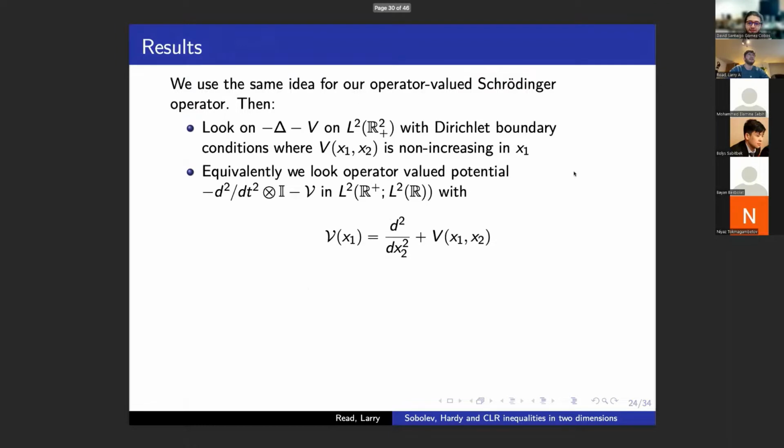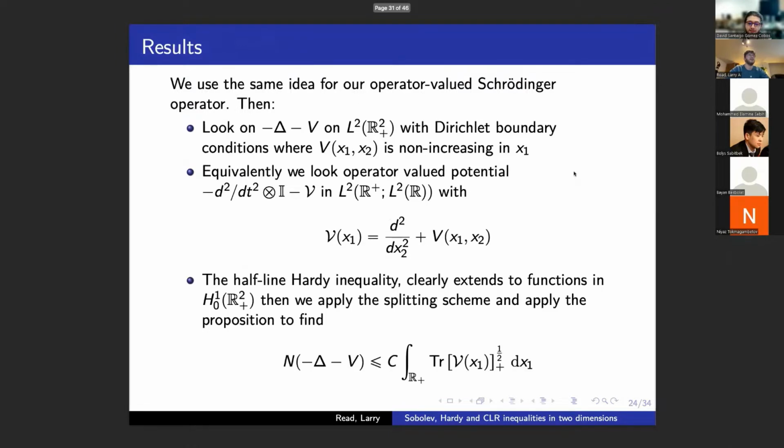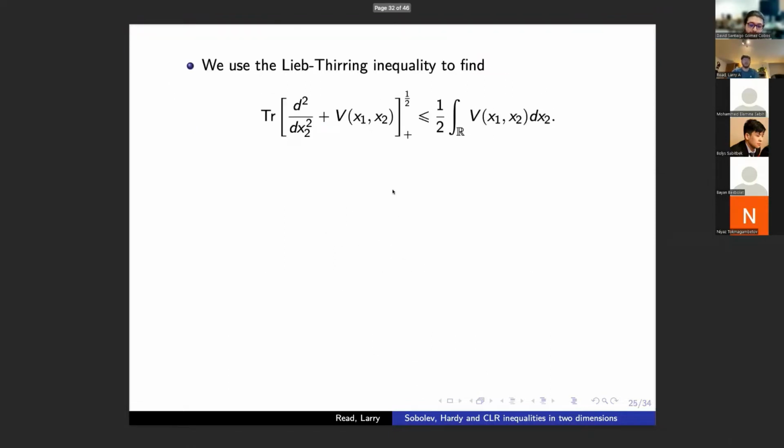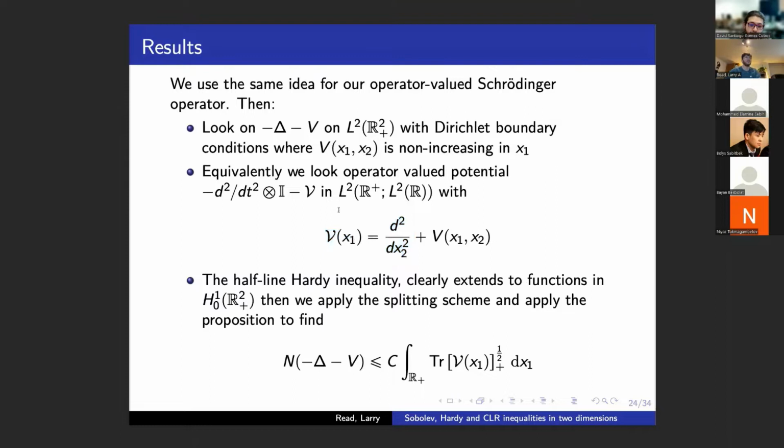Yes. So if you consider the potential here, you have your Laplacian term for the x1 coordinate. Basically, this should be x1, really, not t. And then you consider your potential V as the other part of your standard Laplacian on L2.